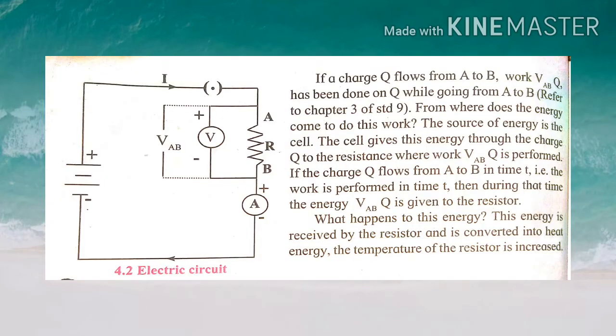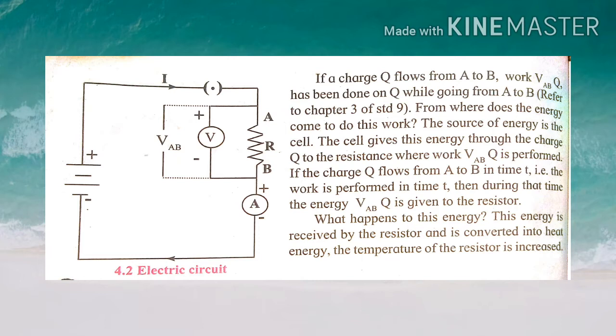Let Q be the charge that flows from A to B. Then the work done is VAB into Q. That is, if Q charge flows from A to B in time t, then during that time energy VABQ is given to the resistor.